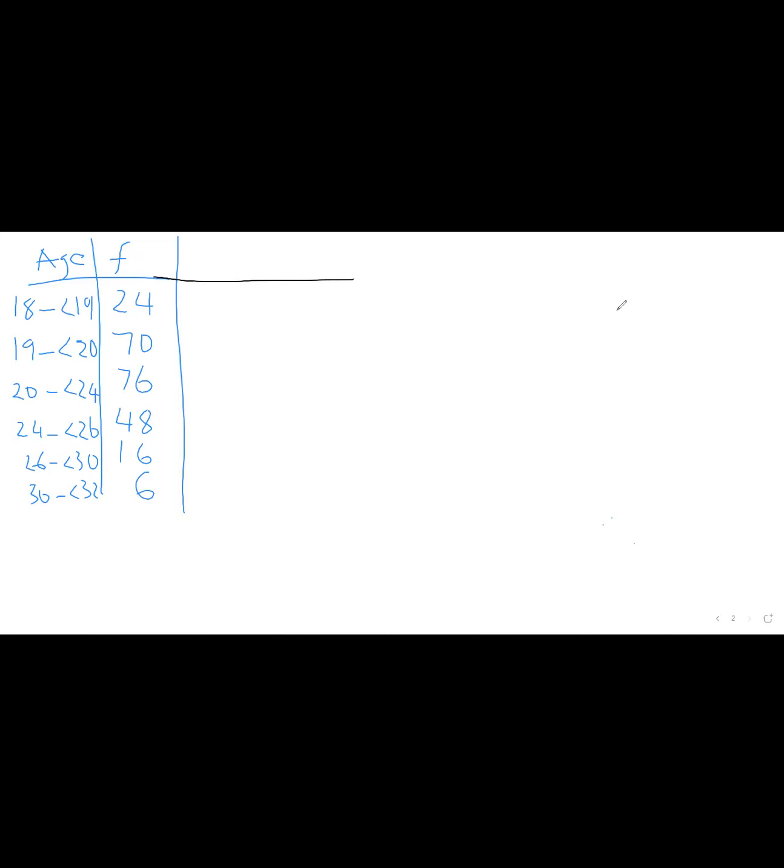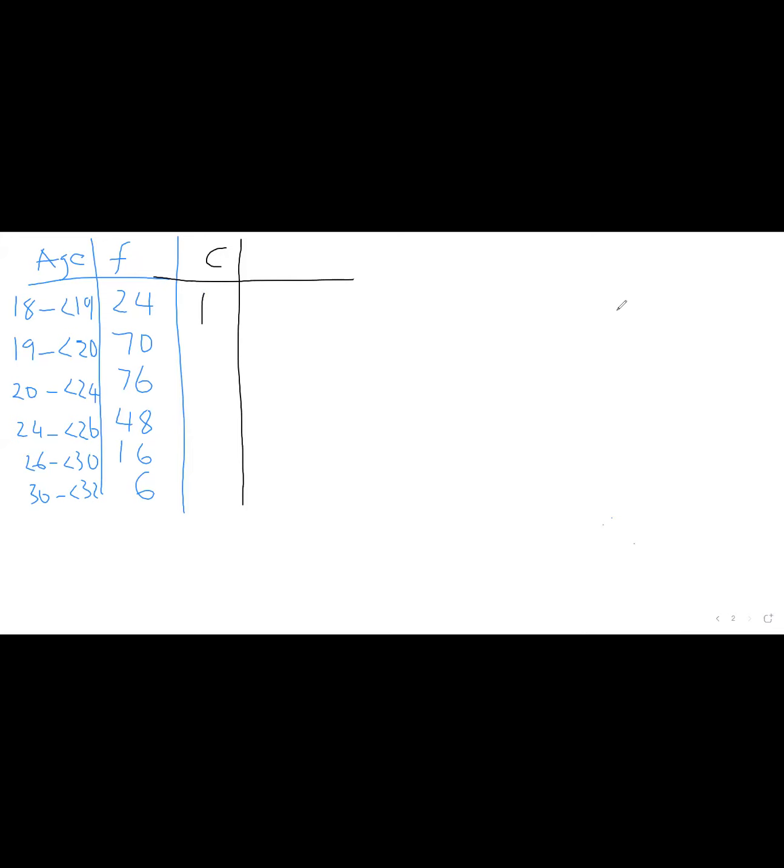Now, they want a histogram. So from what we discussed today, we start with class size. What's the class width? Unlike the other one where you add the 0.5, here you just say 19 minus 18, the class size is 1. We don't say 18 and 19. That's what I've seen.